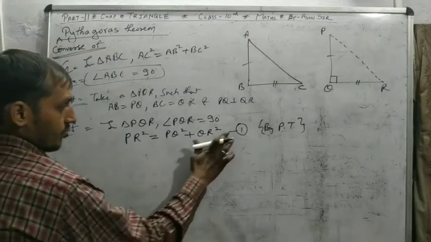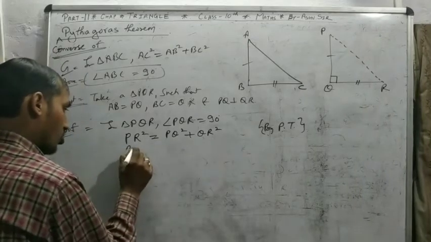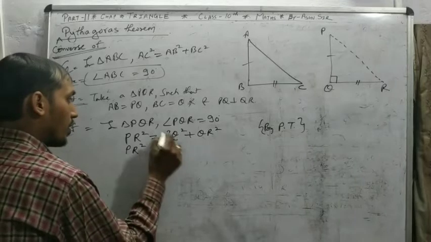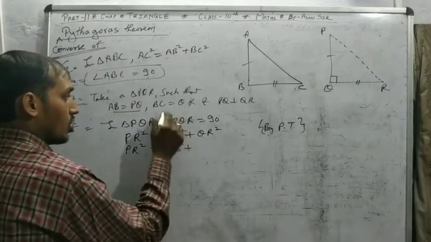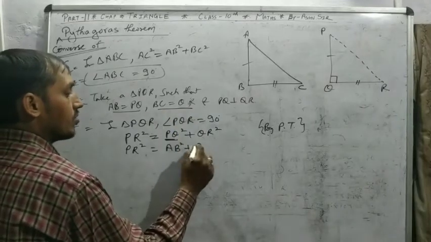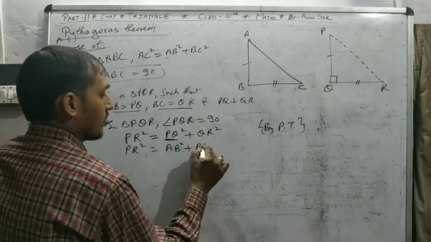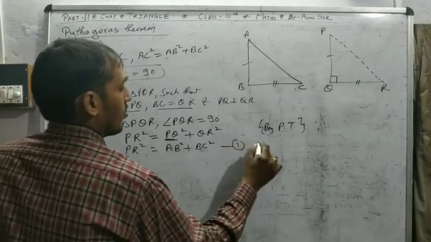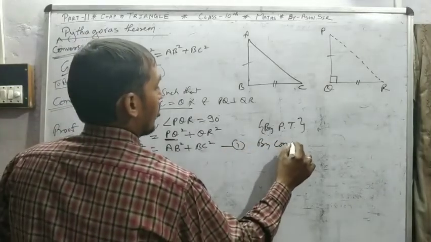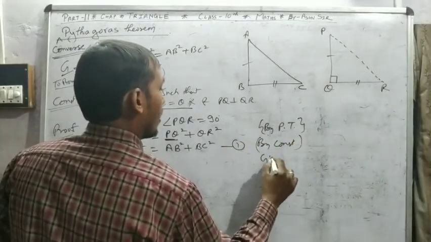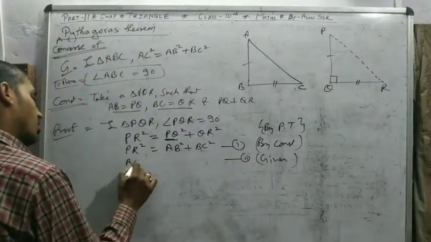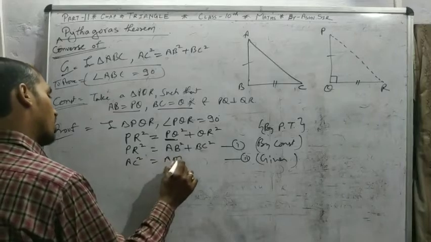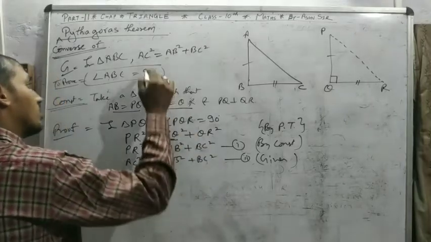And we also replace them. PQ is equal to AB, QR is equal to BC, by construction. And one thing is given. What's given? AC square is equal to AB square plus BC square.